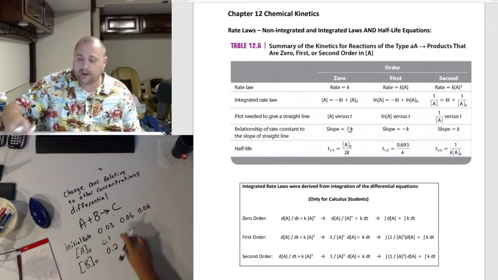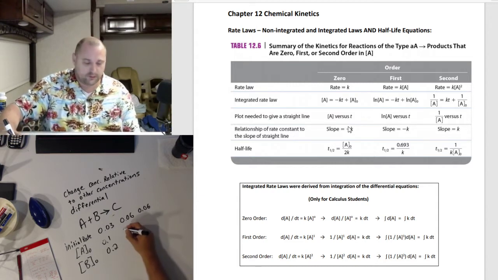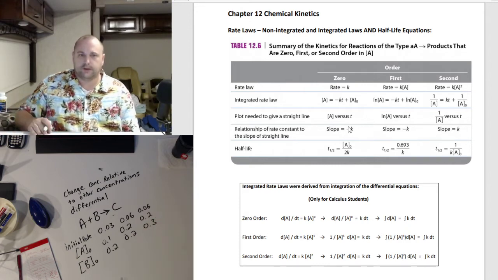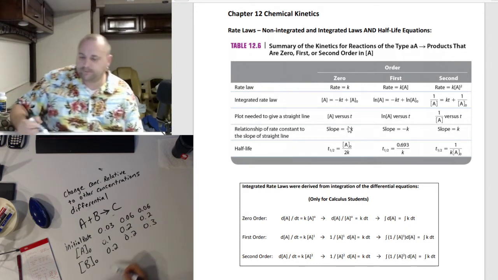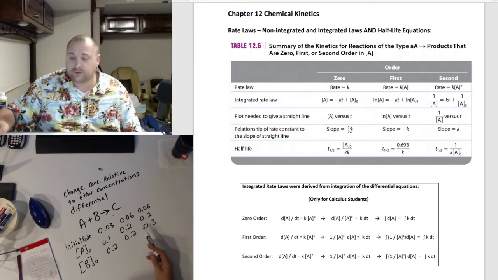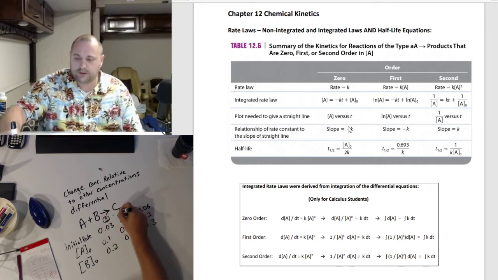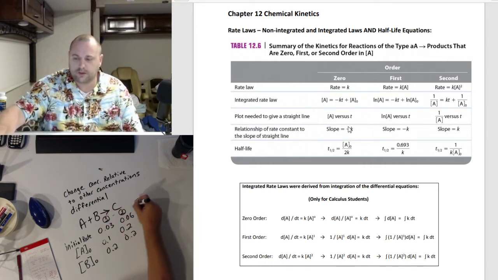And then this next reaction. When they give you these tables, you have to learn to read them to see what's important. So I'll label these 1, 2 and 3.